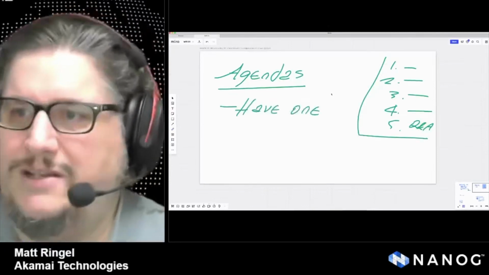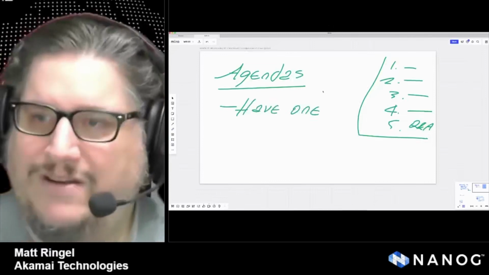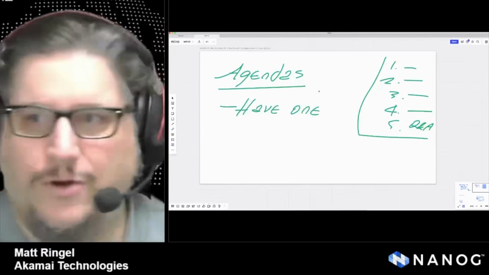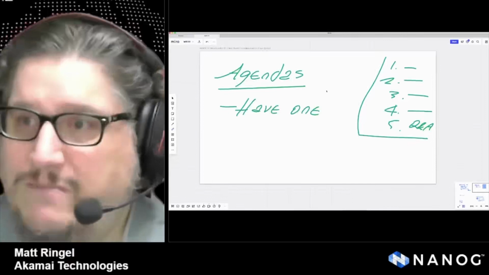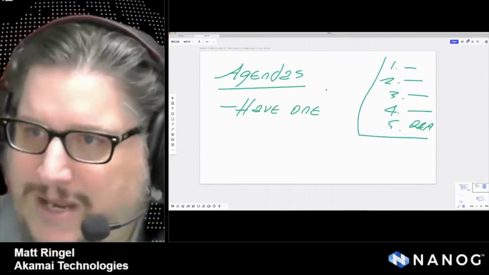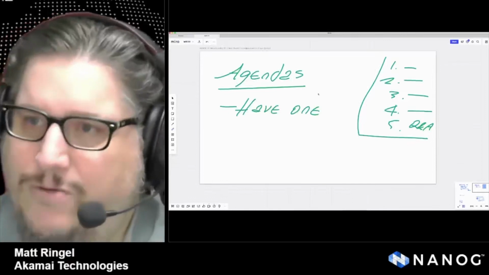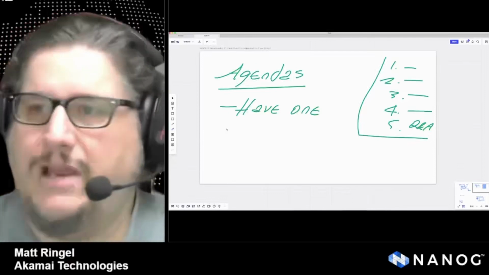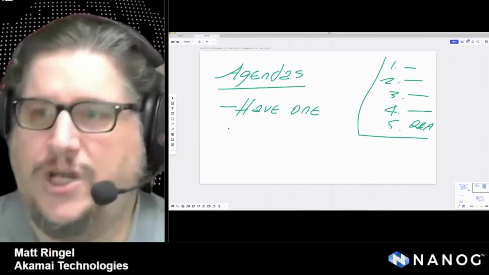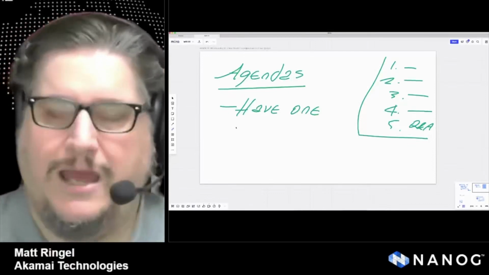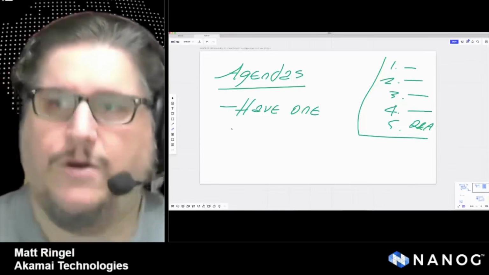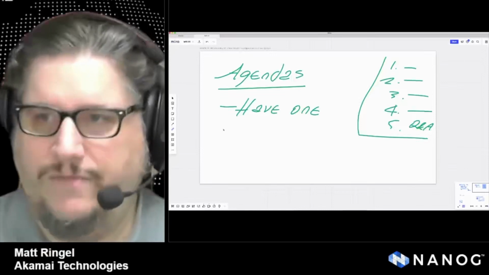The easiest way to make sure that you stay focused is to have an agenda. I know people who will reject meeting invites if there's no agenda in the invite, because then they don't know why they're there or why they're spending their time. Likewise, for a talk, having an agenda means that you are saying, I have things I want to talk about. I am not going to waste your time, hopefully.